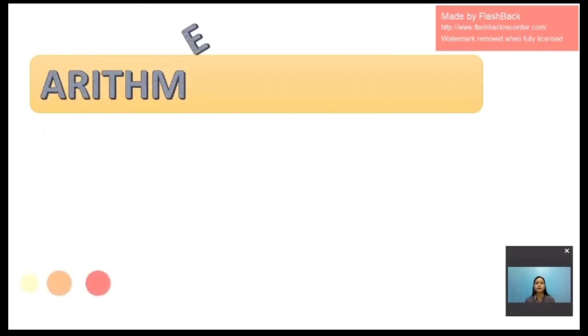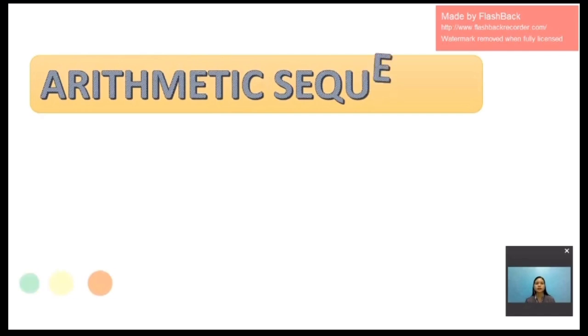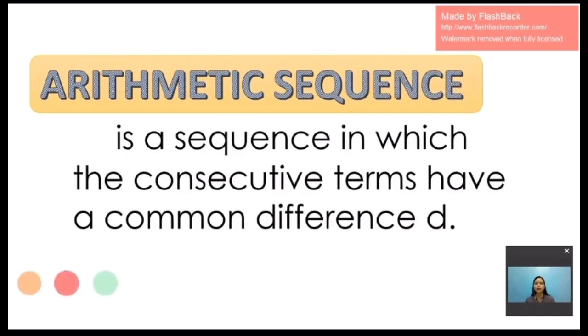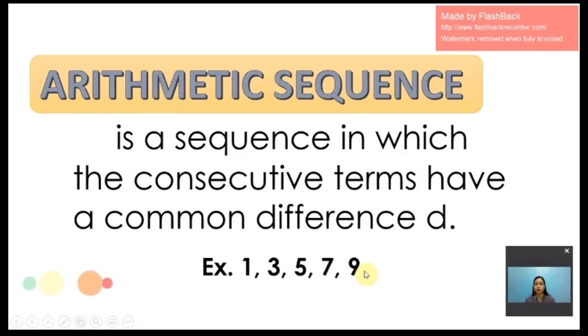In your previous lesson, you defined arithmetic sequence as a sequence in which the consecutive terms have a common difference d. Example, you have 1, 3, 5, 7, and 9. In this example, the common difference is 2, since 3 minus 1 is 2, 5 minus 3 is 2, 7 minus 5 is 2, 9 minus 7 is 2.